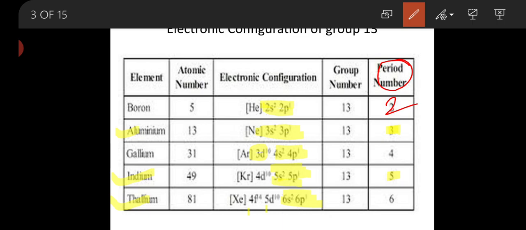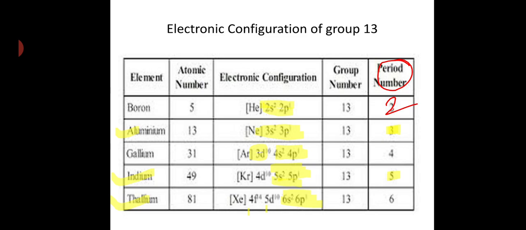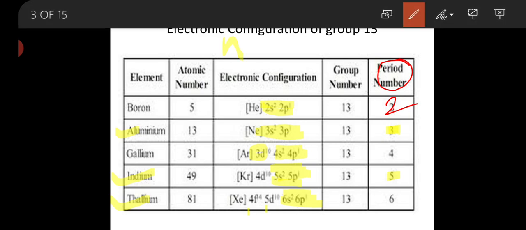Now according to what we have explained, the general configuration of group 13 is ns2 np1.